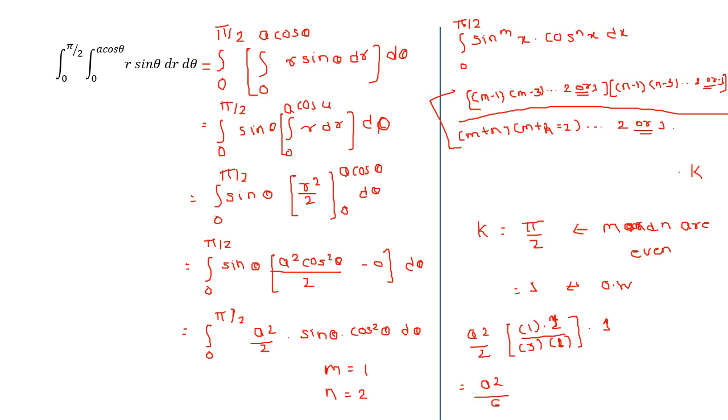But for those who don't understand the reduction formula, we obviously solve this example using the substitution method. So a square upon 2, integration 0 to pi by 2, sine theta into cos square theta d theta.